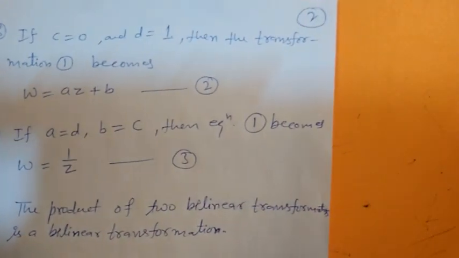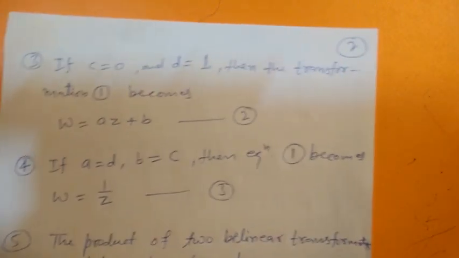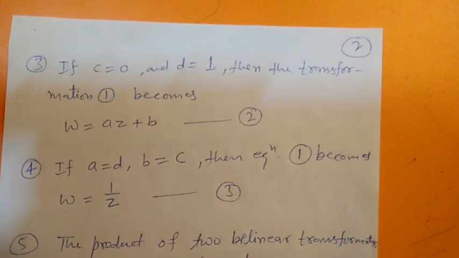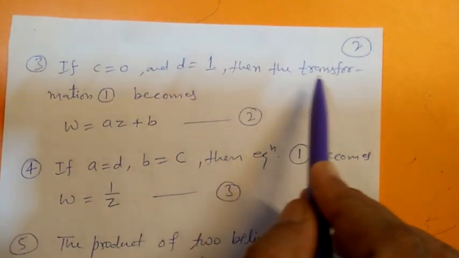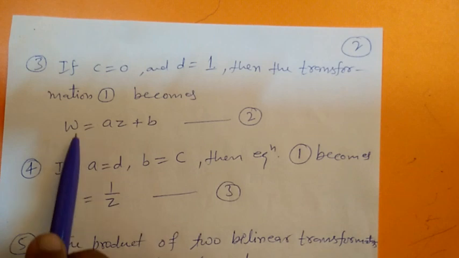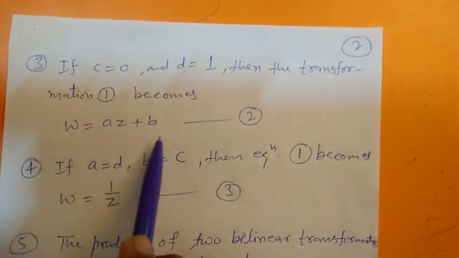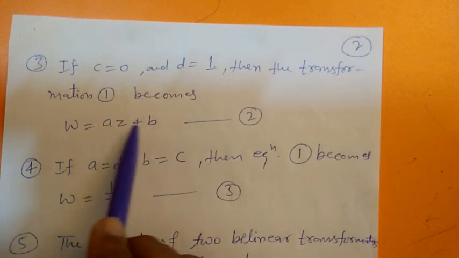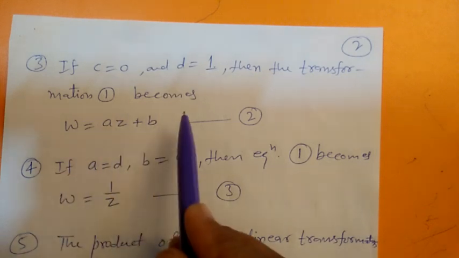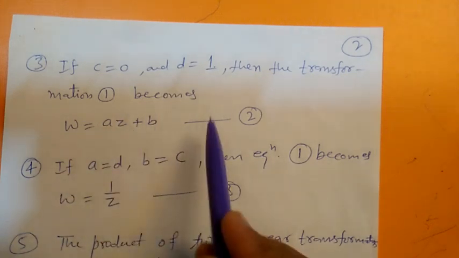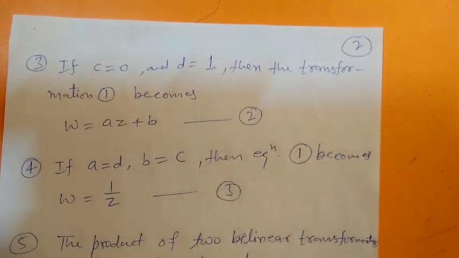Now third point, if c is equal to 0 and d is equal to 1, then transformation 1 becomes w = az + b, which is a linear transformation. Here a and b are either real constants or complex constants.